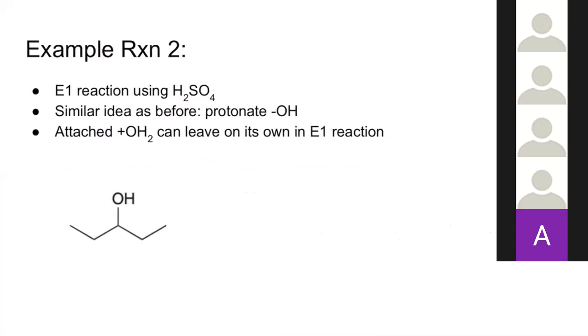So I'm going to go ahead and draw my H2SO4, which, if you haven't figured out by now, looks quite a bit different in organic chem than it does in gen chem. So again, my lone pair on the alcohol is going to snag that hydrogen on the H2SO4.